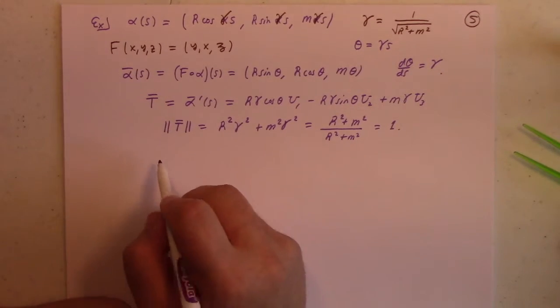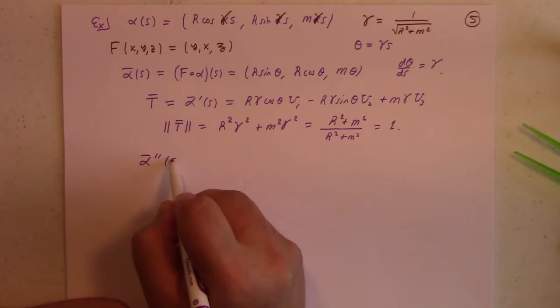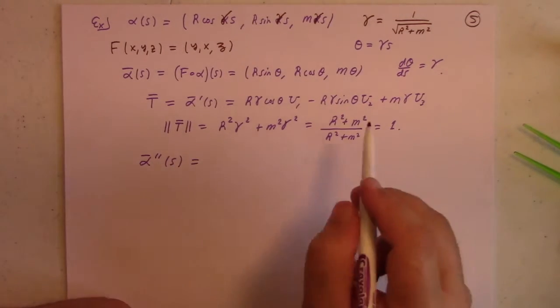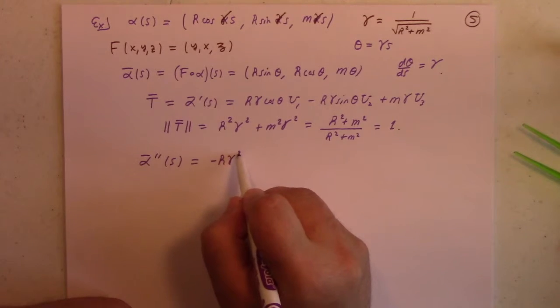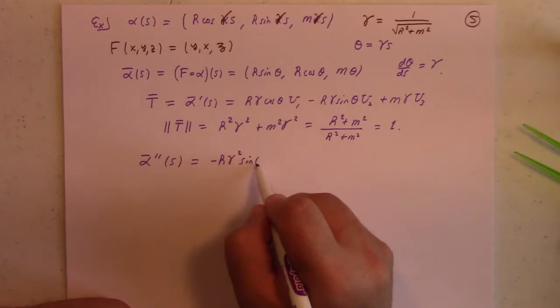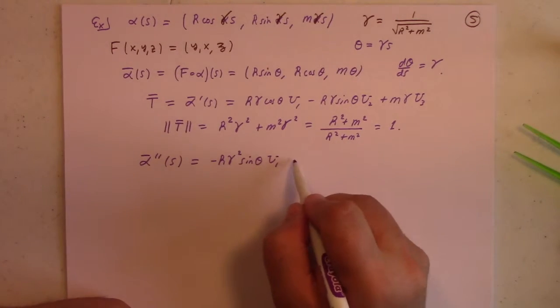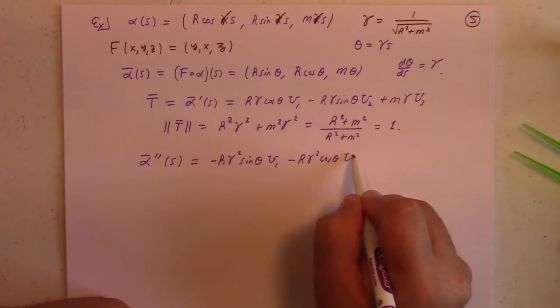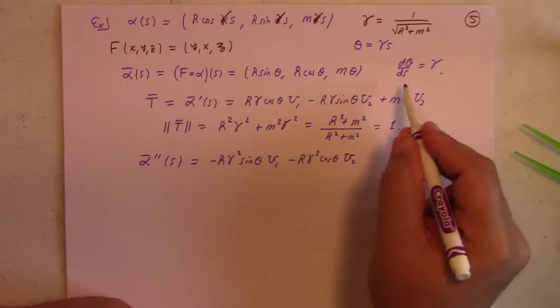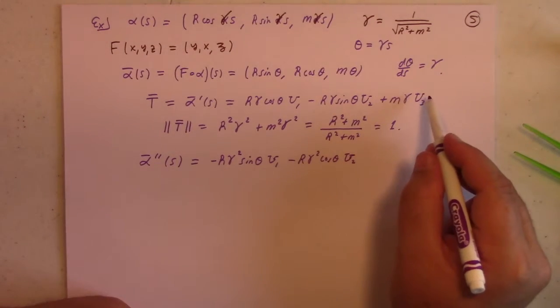Okay, so then alpha bar double prime of s is what? It is minus r gamma squared sine theta u1 minus r gamma squared cosine theta u2, and this term is 0 because it's constant when I differentiate it.